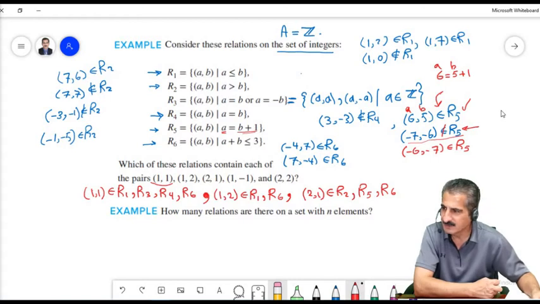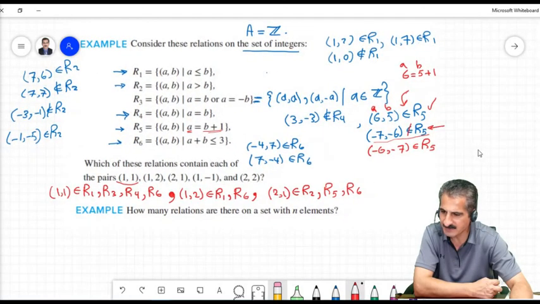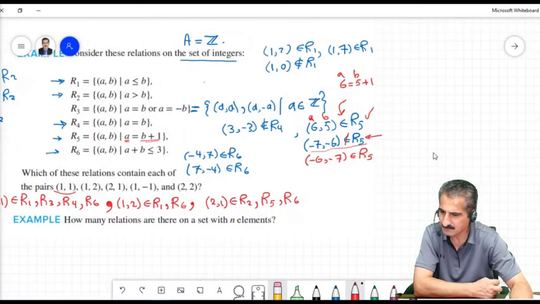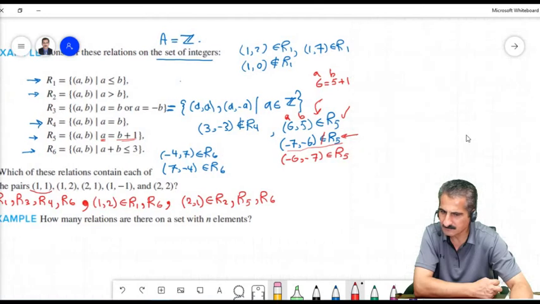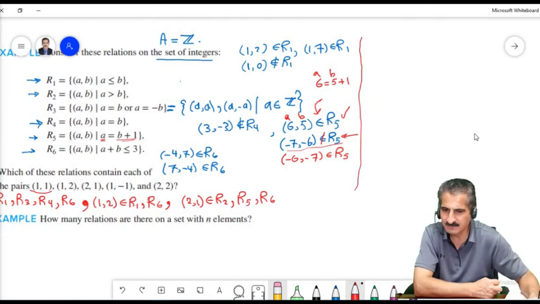Now what else? (1, -1), so we need more space. Let's move this. What about (1, -1)? Does it belong to R1? No, because 1 is not less than negative 1.